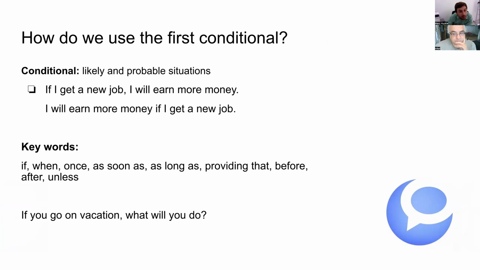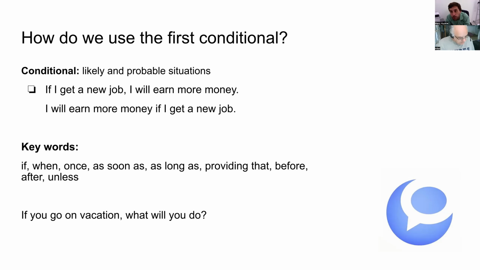Instead of if, you could use other keywords. So if can be substituted with when, once, as soon as, as long as, providing that, before, after, unless. Do you understand these keywords? You don't all have to use if.